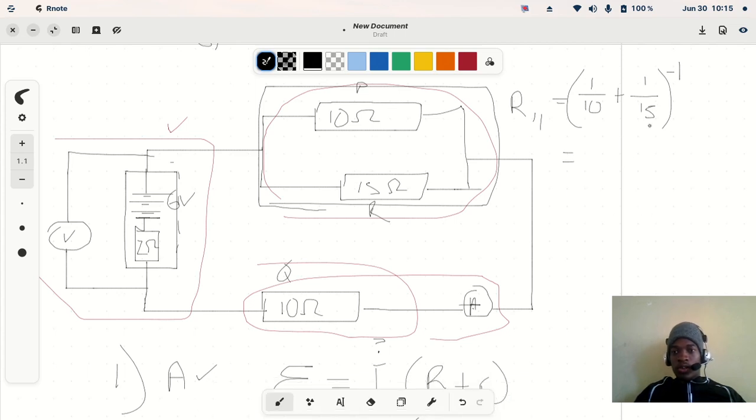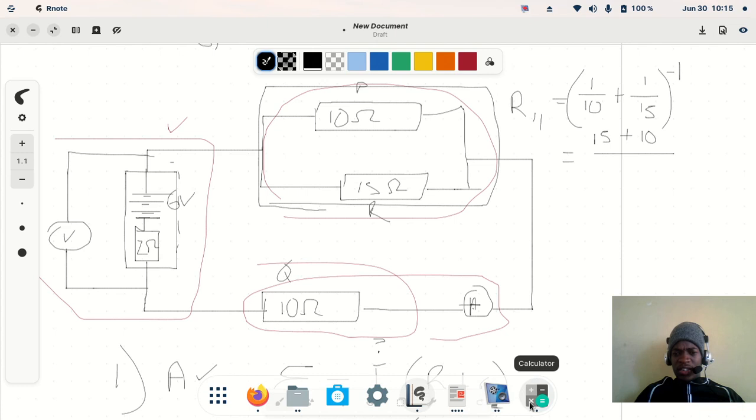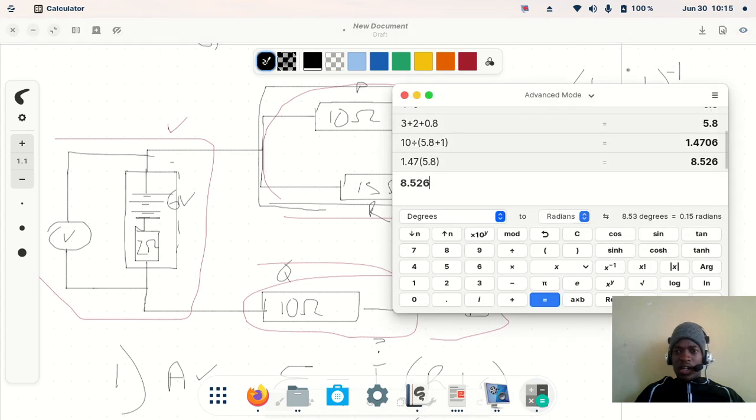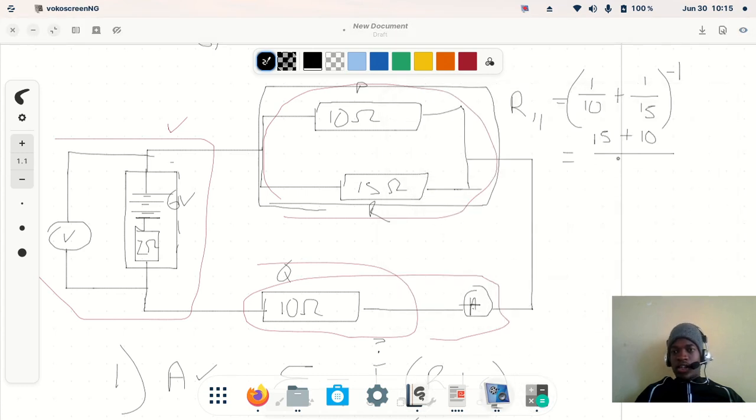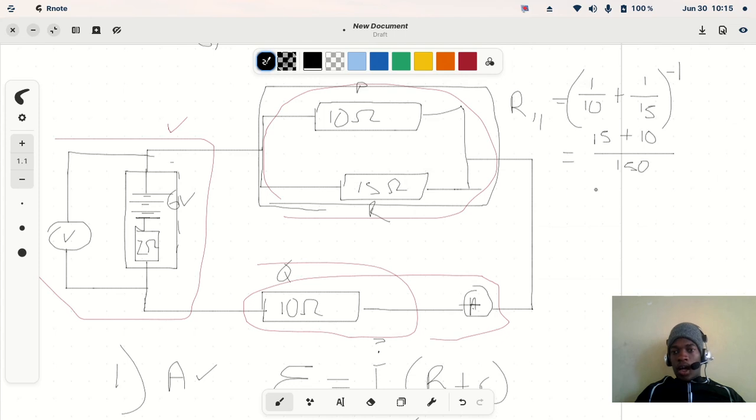So I'm just gonna do the whole lowest common denominator thing. We're just gonna get 15 plus 10 divided by what is 10 multiplied by 15? 150. Yes, 150. Then that should give us 25 over 150.